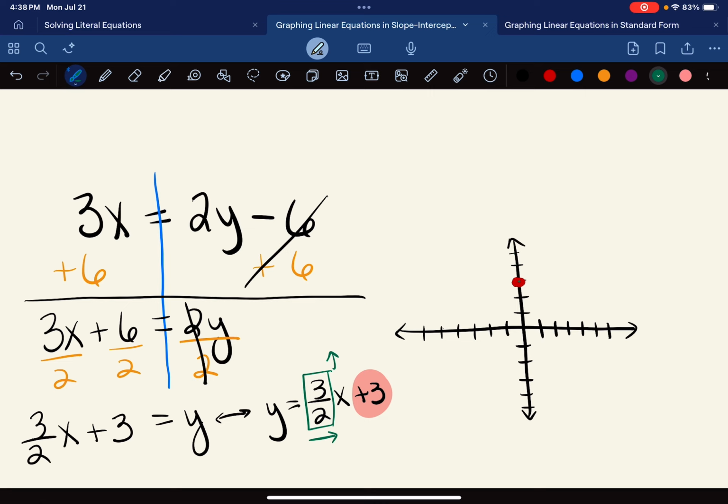So I'm going to go ahead and say, okay, well, my slope of 3 over 2 is equivalent to negative 3 over negative 2, which means I would be going down and left. So starting from my y-intercept, I can move down 1, 2, 3 units and left 1, 2 units. Connect my points, draw my arrows, and that's it.